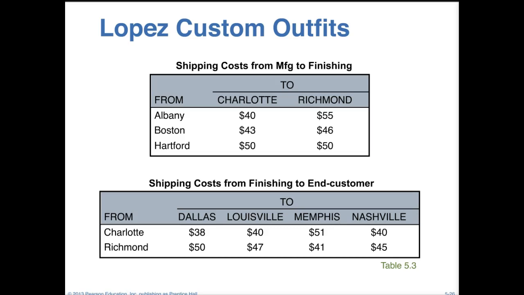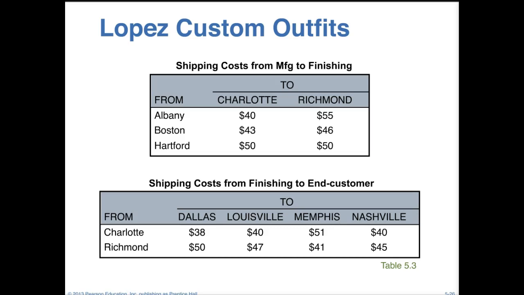Lopez Custom Outfits is basically a high-end costume making company, and they make costumes like togas and other things, maybe for Halloween or even Mardi Gras, for high-end customers. So they make these basic costumes, or the base for all of them, regardless of what you have.